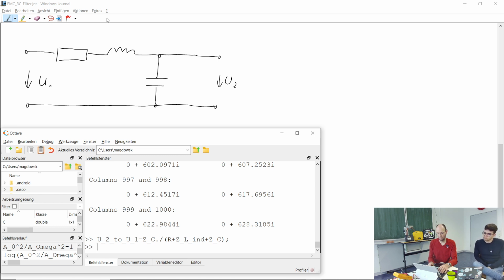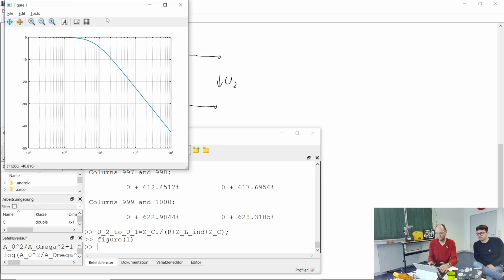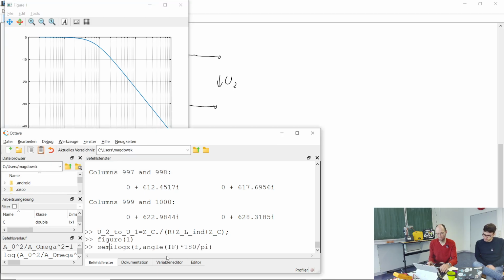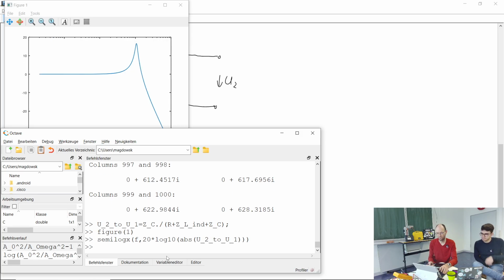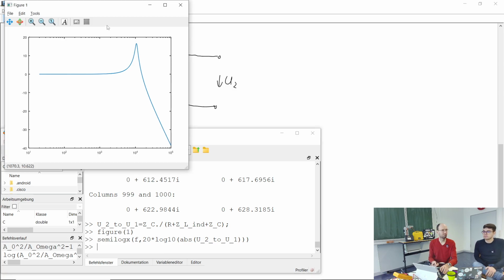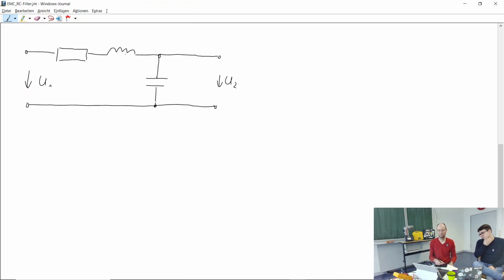And so now if I plot this, figure 1, and we will once again do a semi-log x plot of this, and instead of the transfer function, I need to use this one here. So we nicely see the same behavior there. And the problem is, of course, that if you have filters with L and C, there can be also some resonance, there can be also some amplification.